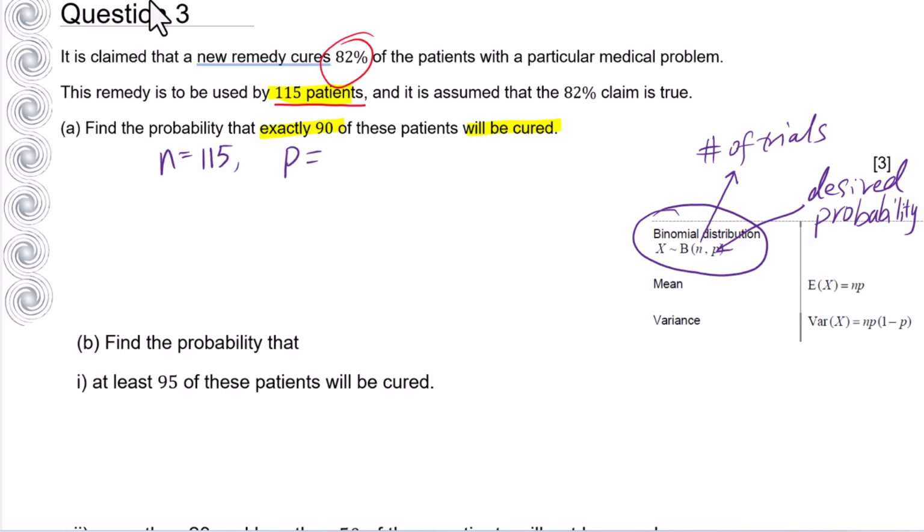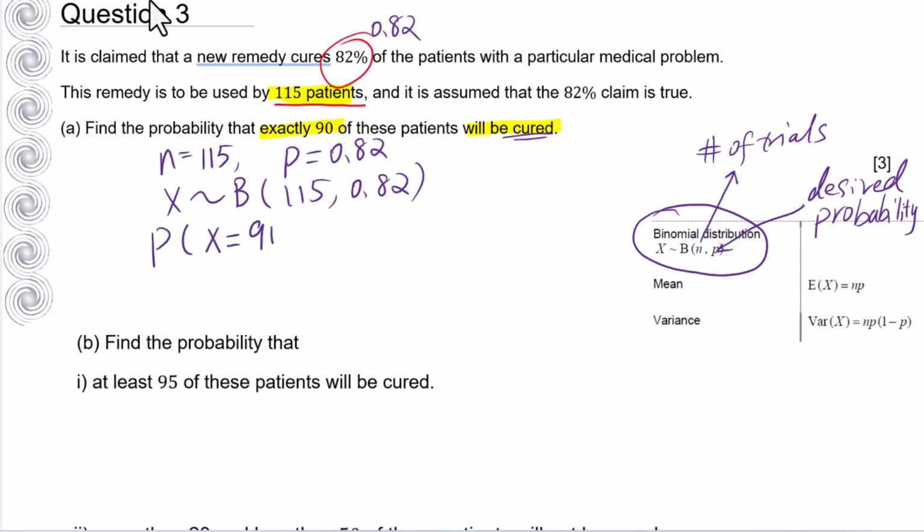Desired probability is the probability of being cured, which is 0.82. X follows a binomial distribution with 115, 0.82. We are looking for the probability of X equals 90.